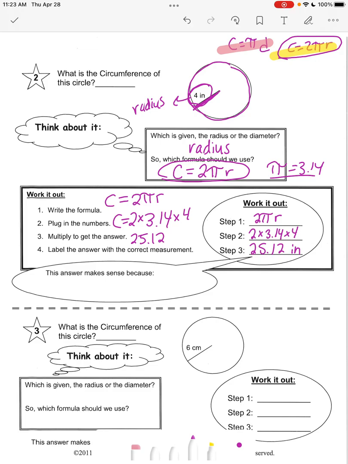Okay, and why does this make sense? It makes sense because 2 times 3 times 4 equals 24.